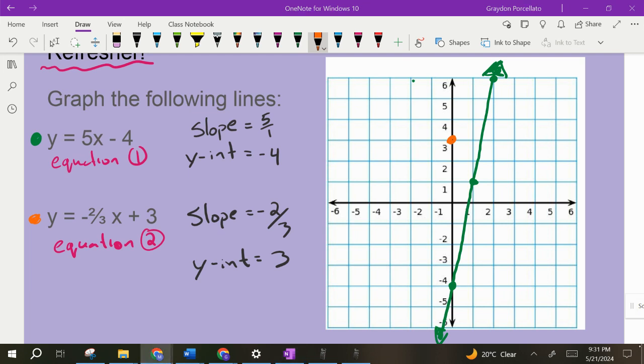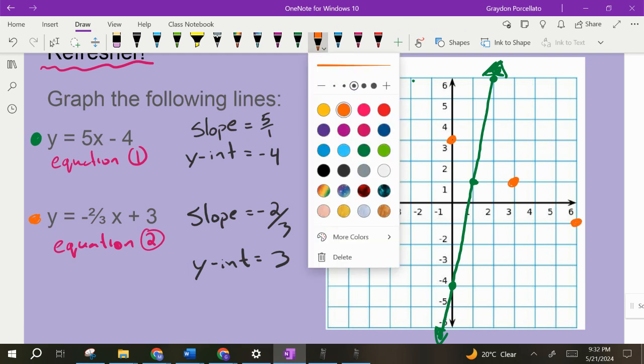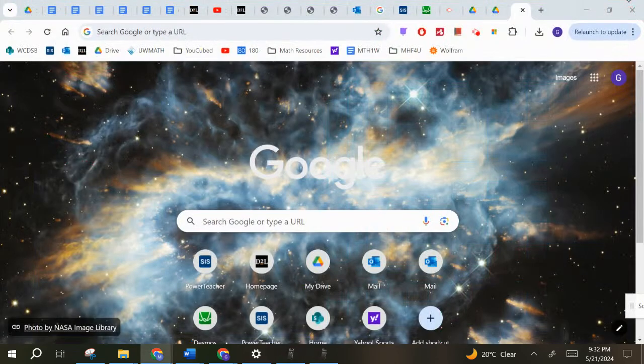So we're going to go down 2 over 3: down 2, over 3. And if I graph this line, that's going to look like this.